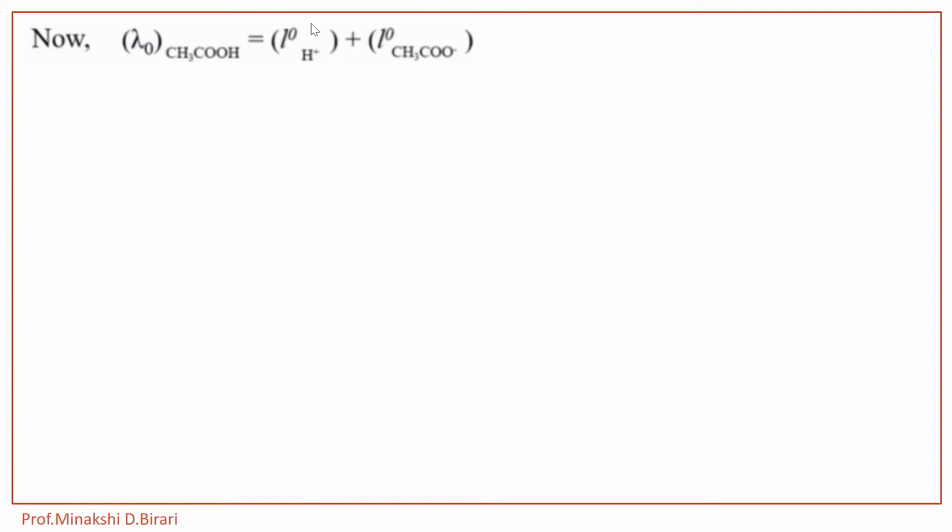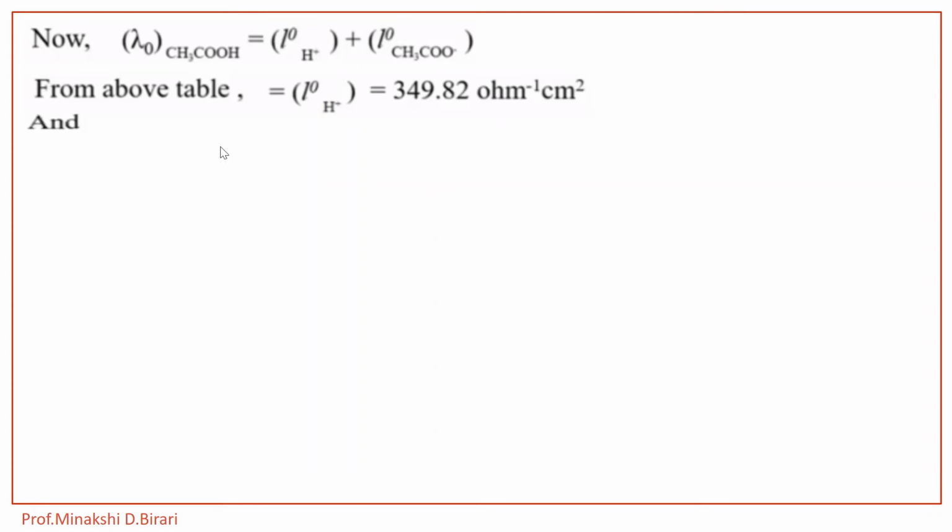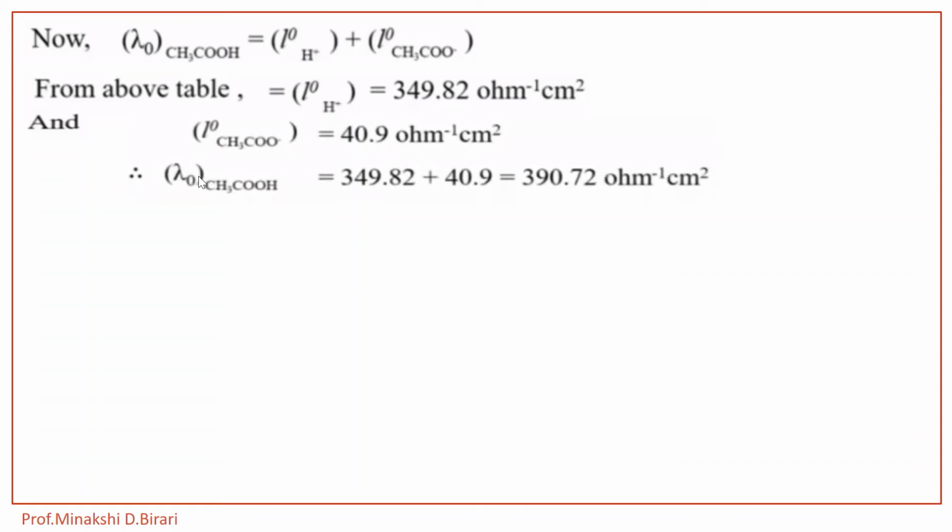So we have the values of equivalent conductance of cation and anion. Therefore both values we can put here from the table. Lambda 0 of H plus is equal to 349.82 per ohm centimeter square, and the value of acetate ion, that is lambda 0 of CH3COO minus, is equal to 40.9 per ohm centimeter square.